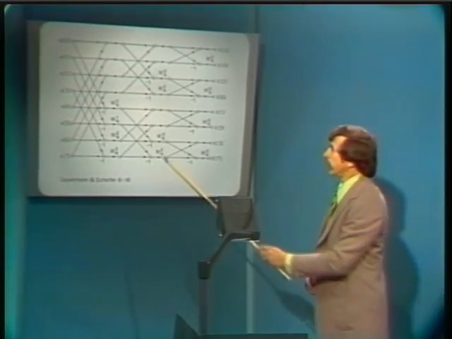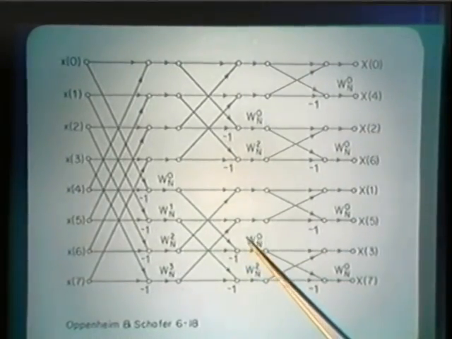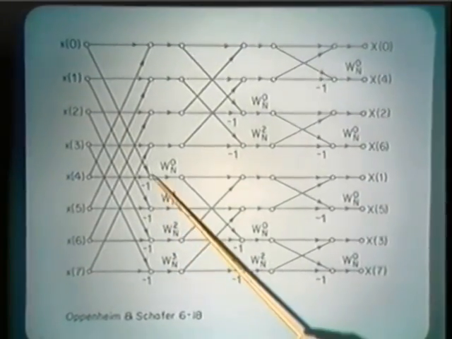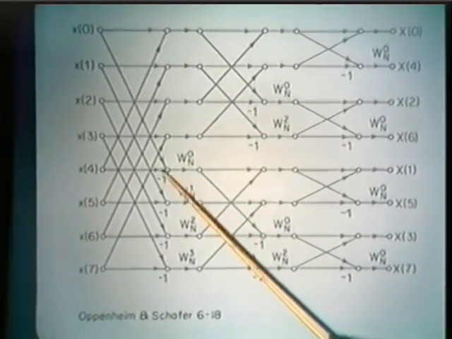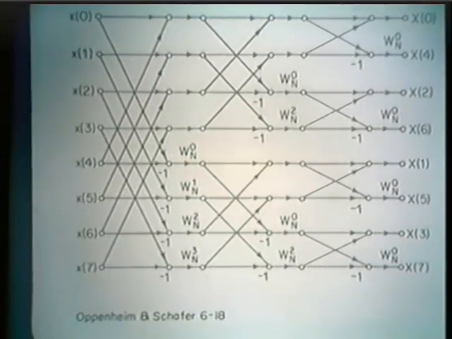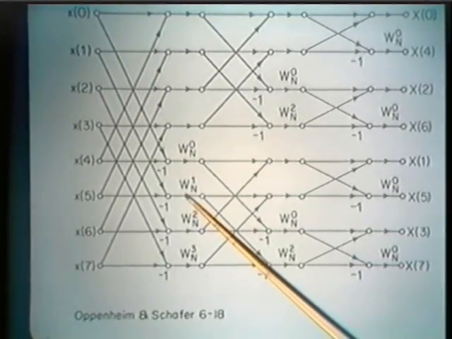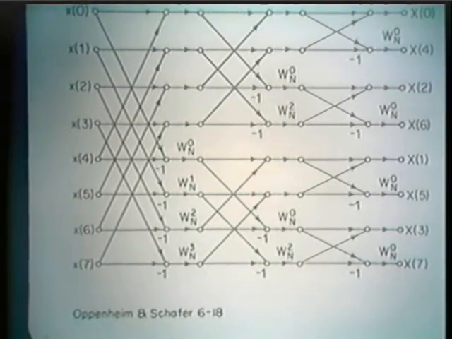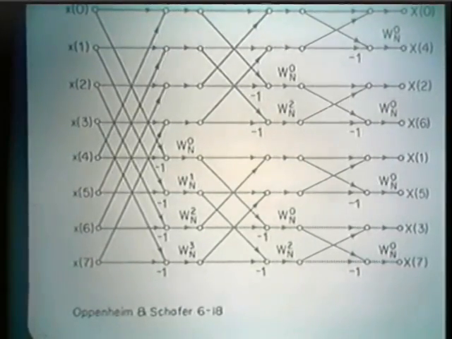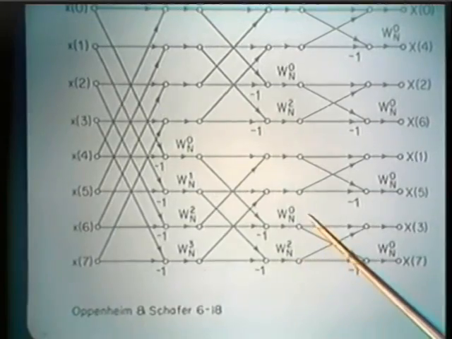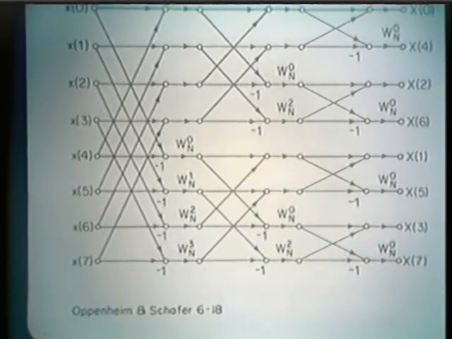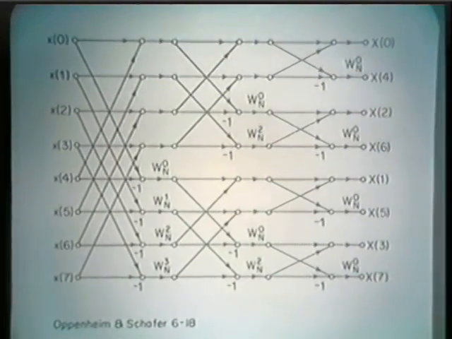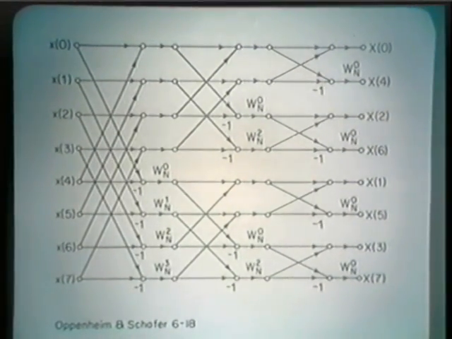In particular, for this set of algorithms, the multiplication by powers of W is implemented at the output of the butterfly, as opposed to the decimation-in-time forms where the multiplication by powers of W is implemented at the input to the butterfly. However, there is a very close relationship between this flow graph and the original flow graph that we implemented for the decimation-in-time algorithm.